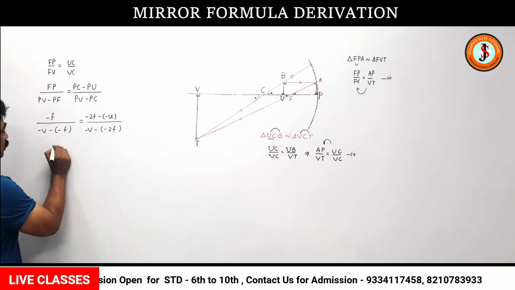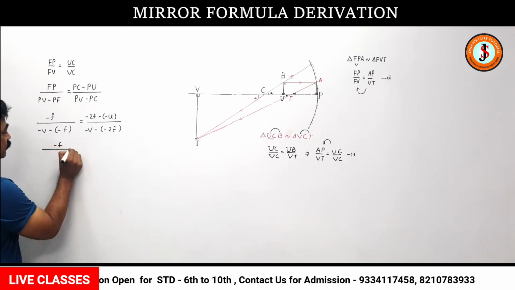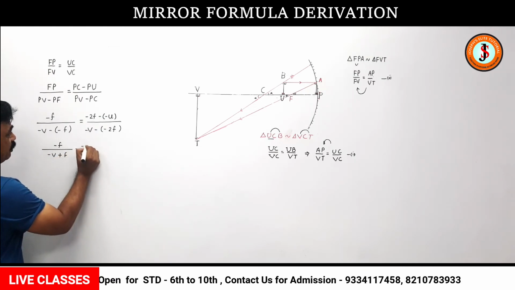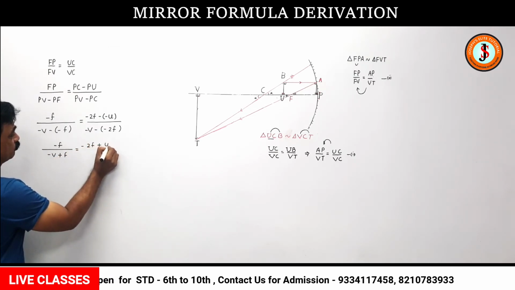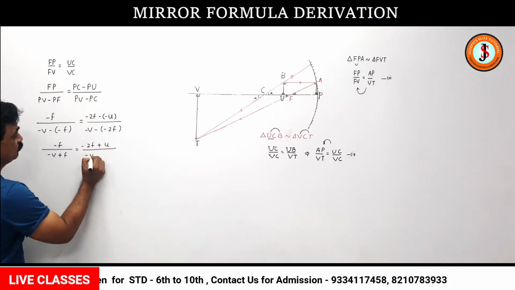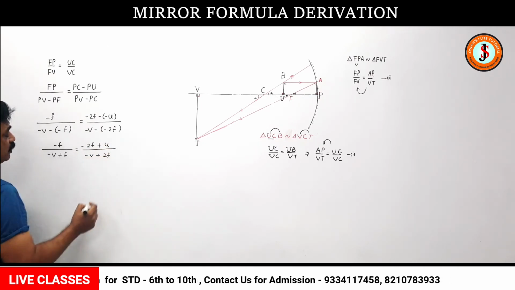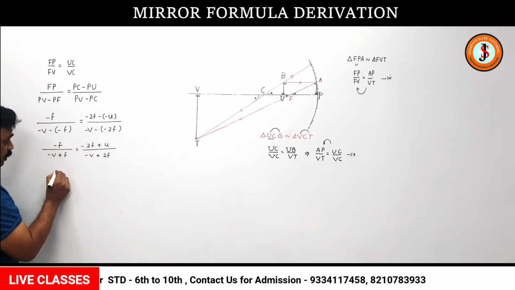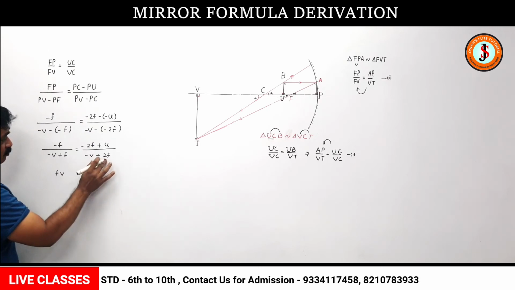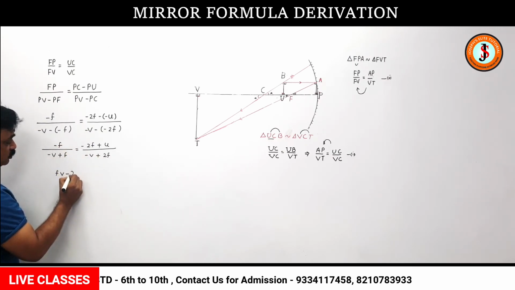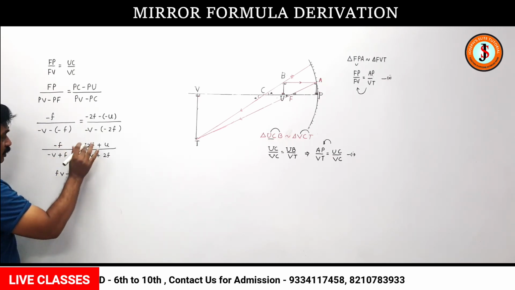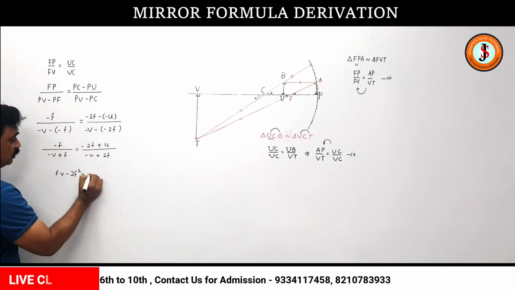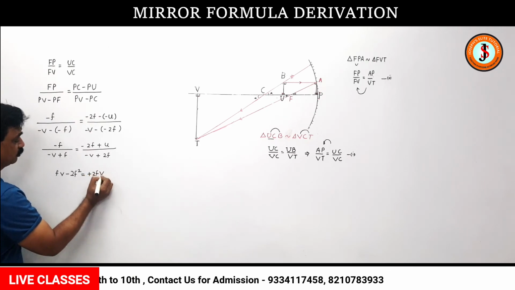So all the signs are negative, but it is easy for us now to calculate. Now this will be minus F over minus V plus F, equals minus 2F plus U over minus V plus 2F. Now we cross multiply very carefully. Minus F times 2F is minus 2F square, plus FV, and so on.